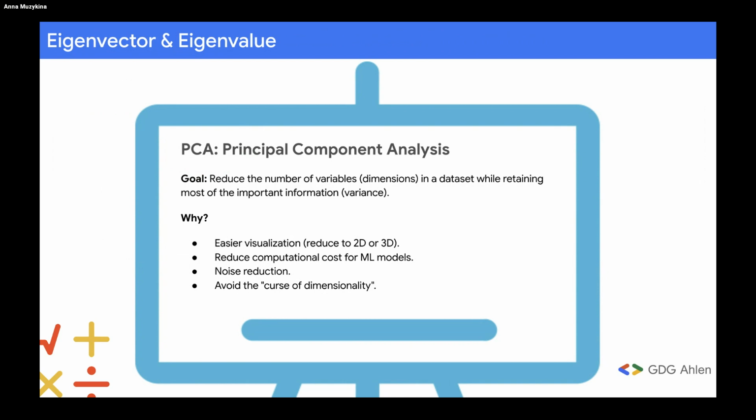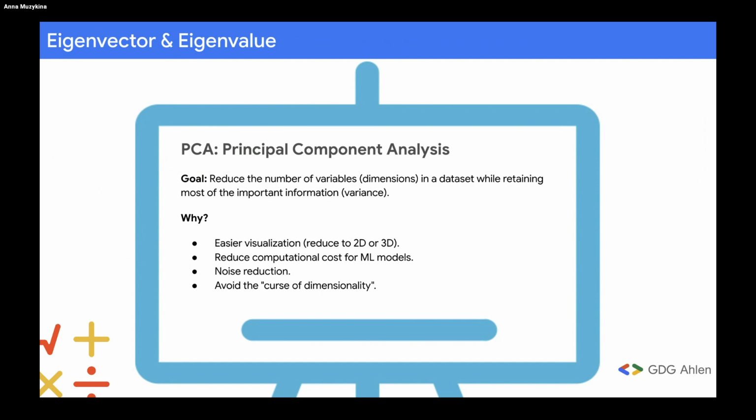So PCA, principal component analysis, is a technique designed to reduce the number of dimensions or features. The goal is to simplify the data by projecting it onto a lower dimensional space, but to do so intelligently, preserving as much of the original data's variation or spread as possible.